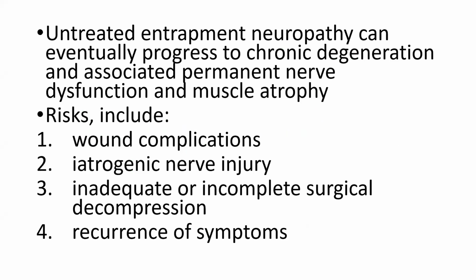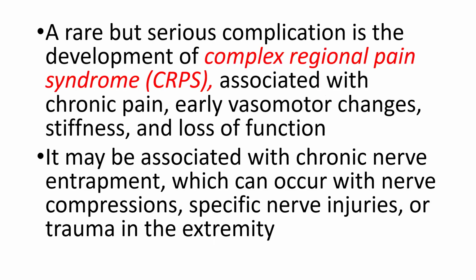The complications we mentioned are wound complications, iatrogenic nerve injury, inadequate complete surgical decompression and recurrence of symptoms. These are complications of doing surgery. There is one complication that we don't like to have, which is complex regional pain syndrome.